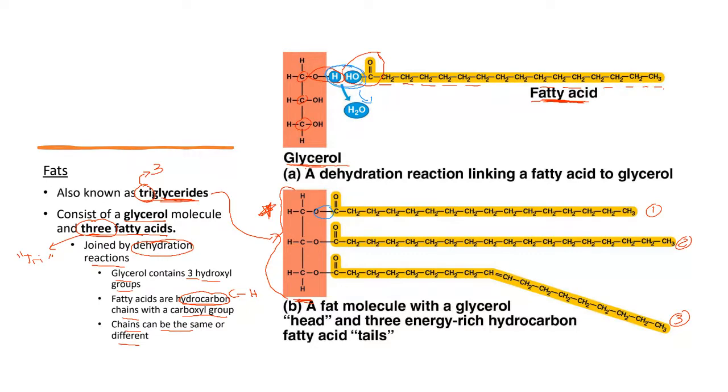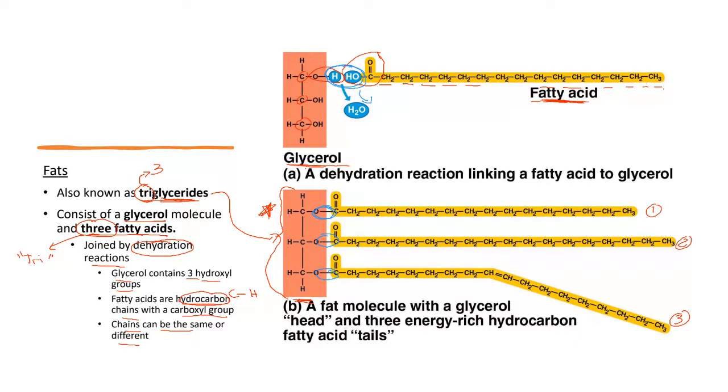So let's go through 3 of those because we need to add 3 fatty acids. So here's one bond, another one, another bond. Those are 3 covalent bonds formed because of 3 dehydration reactions. Now we have a triglyceride.